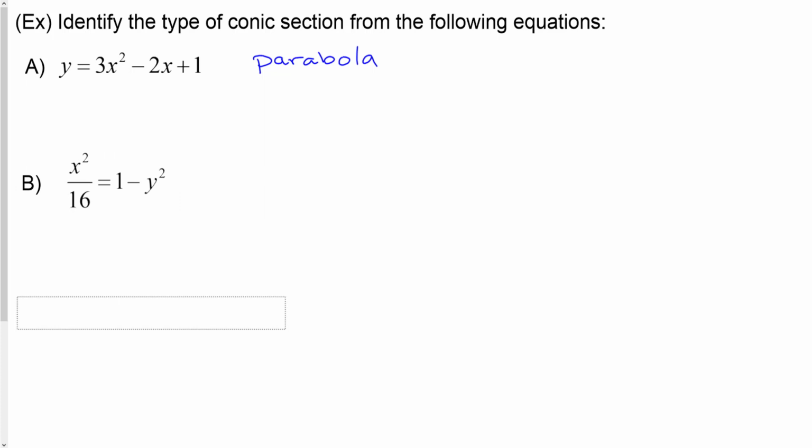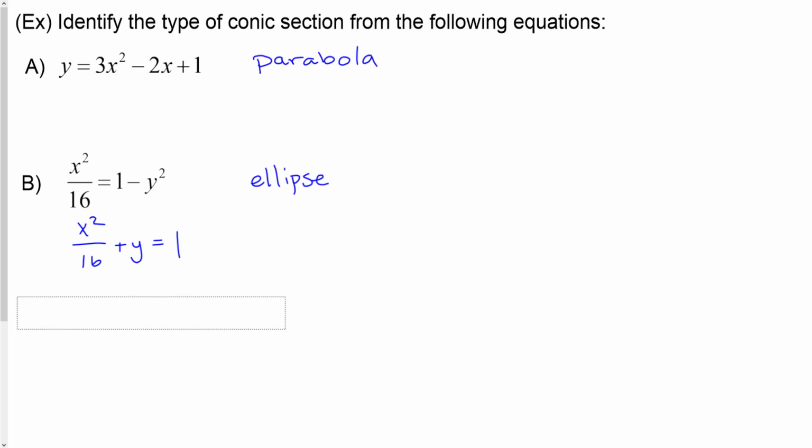Next here, I have x squared over 16 equals 1 minus y squared. With a quick change, I can actually show pretty certainly that this is the equation of an ellipse. If you jump too quickly at that, you might end up saying that it was a hyperbola.